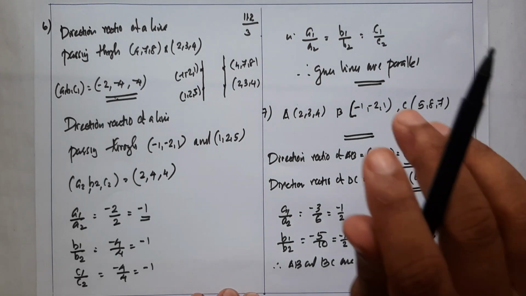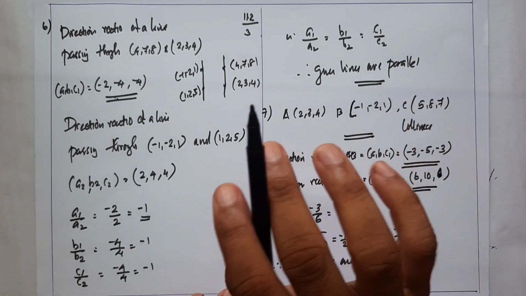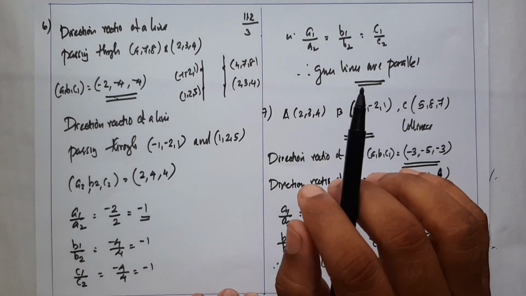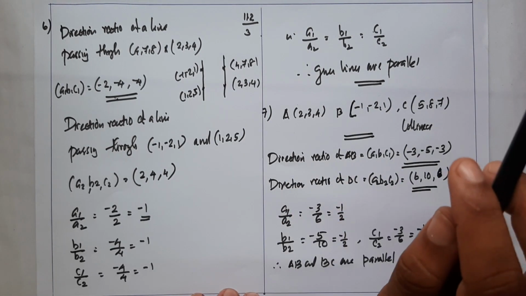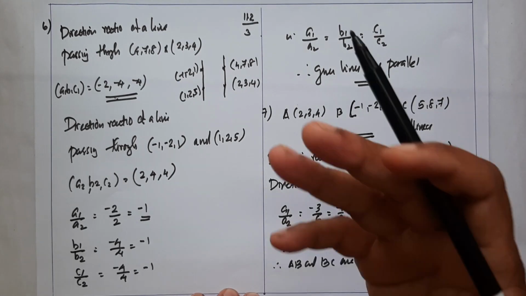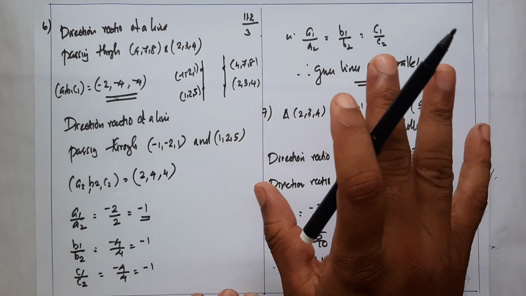Here AB and BC are two lines, but B is a common point. That means A, B, C lie in the same line. Suppose AB and CD are parallel, that means there is no collinearity, just parallel.